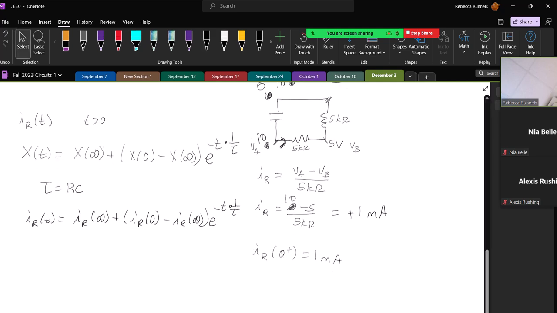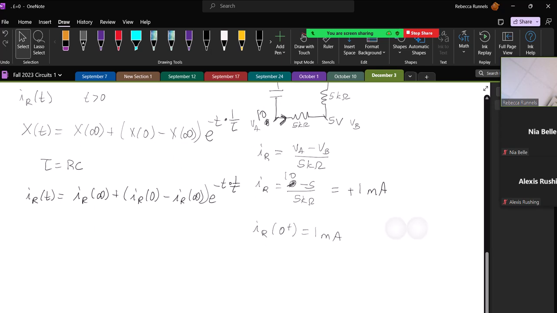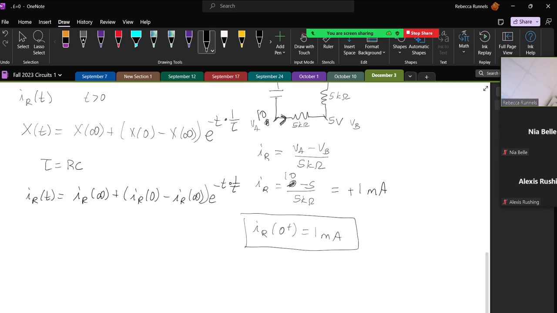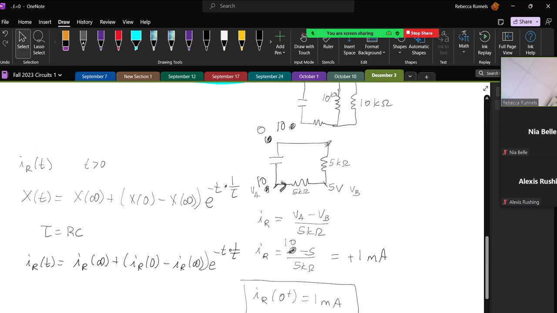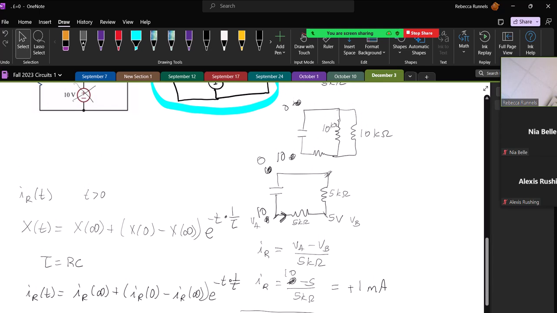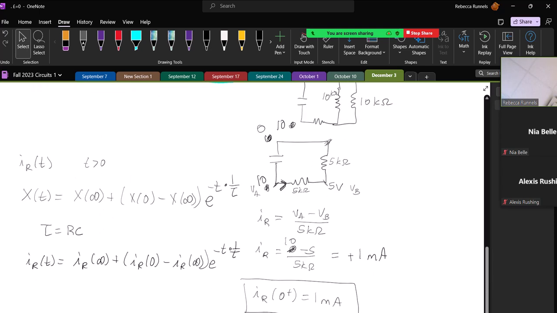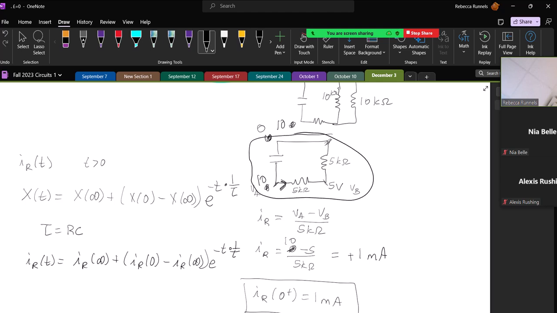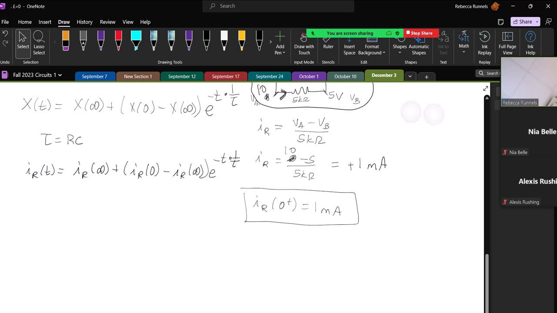Okay, so we have IR at 0. We found that to be 1 milliamp. Now IR at infinity, so let's take a look at our circuit at infinity. So we have narrowed our circuit down. We've said that this is what it looks like at 0 plus. So I'll just draw that again right here.